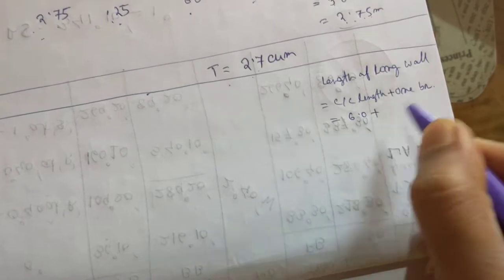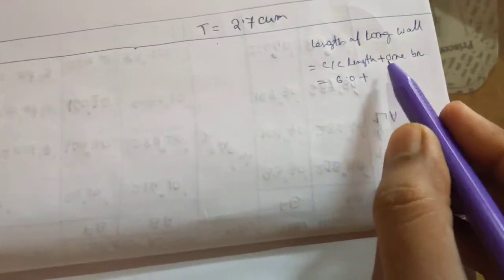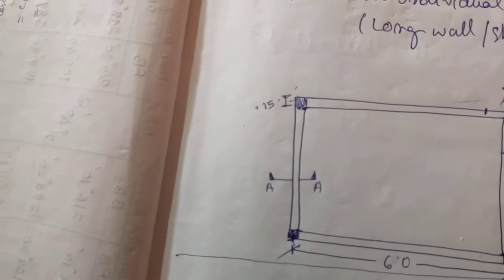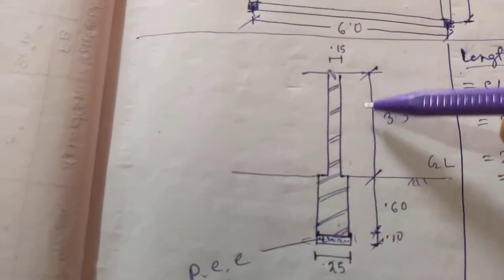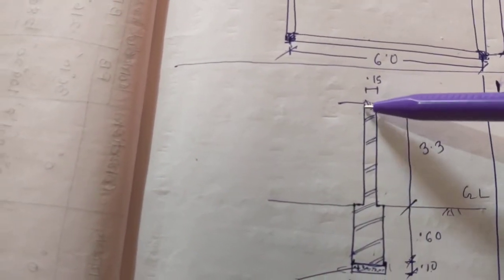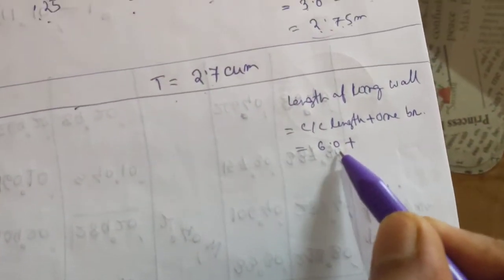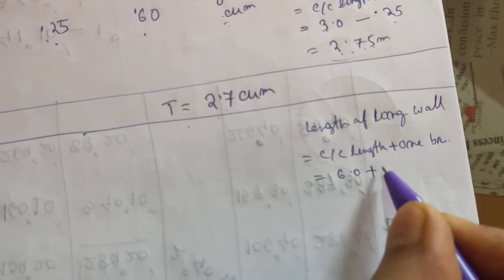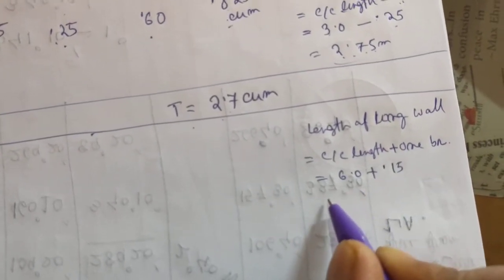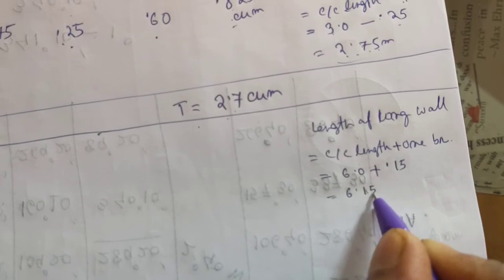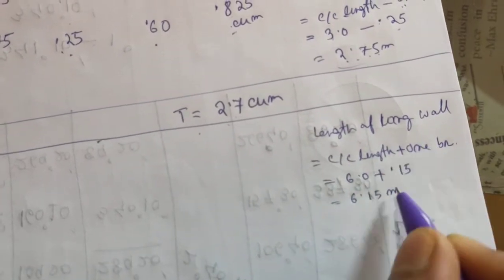Center to center length of the long wall is given as 6 meter. So 6 meter plus 1 breadth. What is the breadth of the superstructure wall? It is 0.15. Here in the section it is given as 0.15, and in the plan it is also 0.15. So center to center length is 6 meter and 1 breadth is 0.15. So ultimately it comes out to be 6.15 meter. This is the length of the long wall.